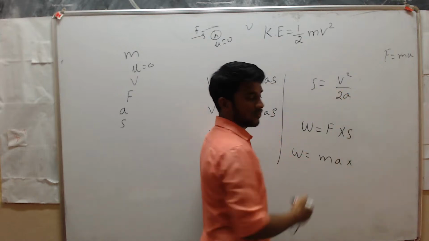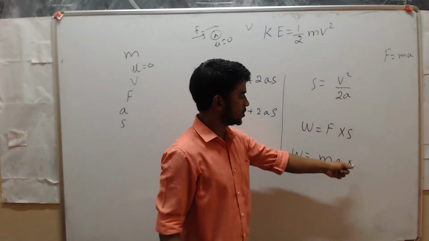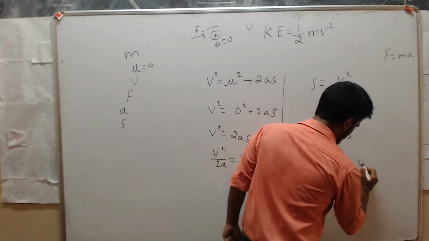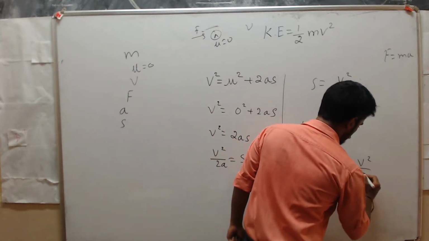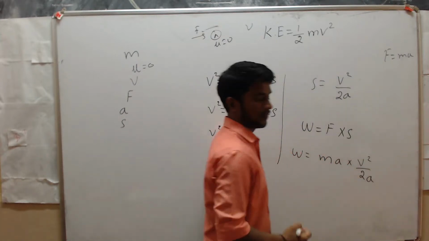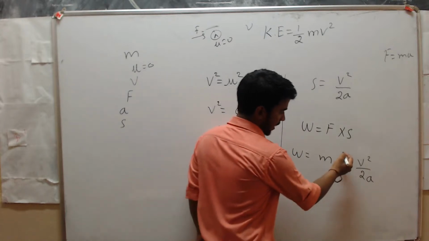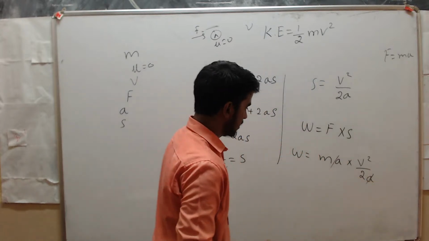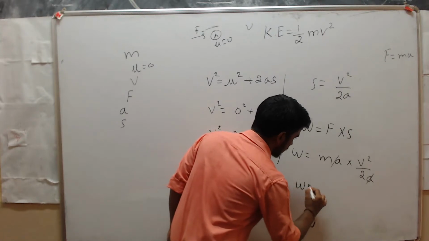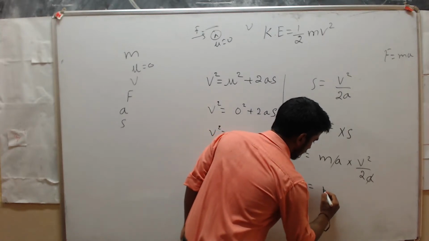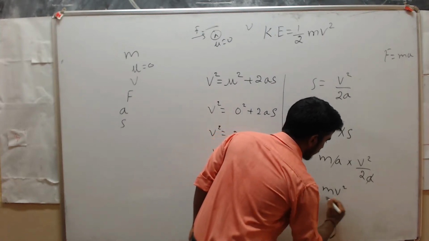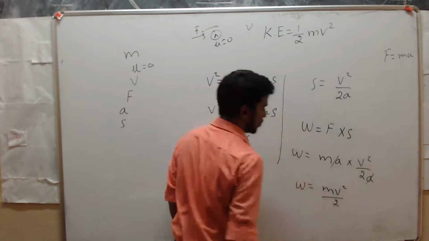Here we got s equal to v squared over 2a, right? So now substitute here, v square divided by 2a. So a gets cancelled, right? So W is equal to mv square divided by 2.